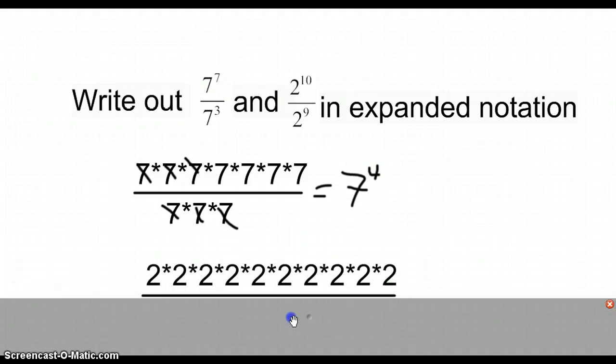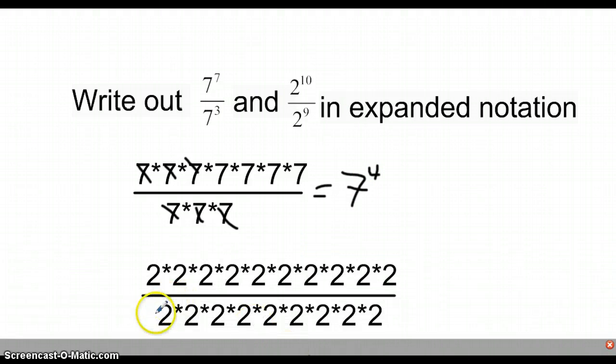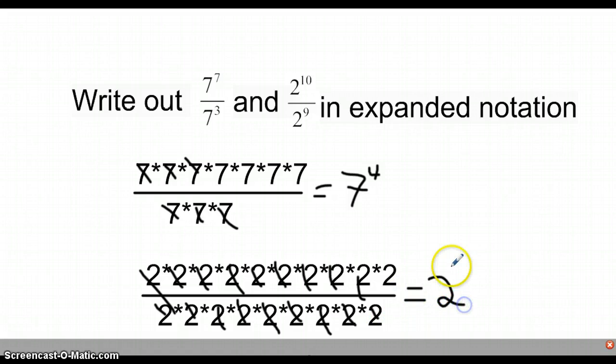And if we look at our 2's, almost everything is going to simplify out, right? All of these are really like 1. I'm just going to keep going until we're done and we're left with 2 to the 1st, or just like we learned yesterday, 2 to the 1st is the same thing as just 2.